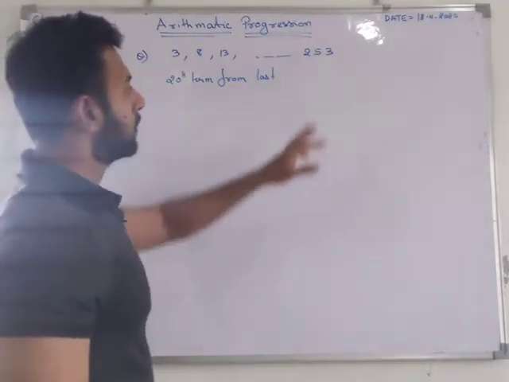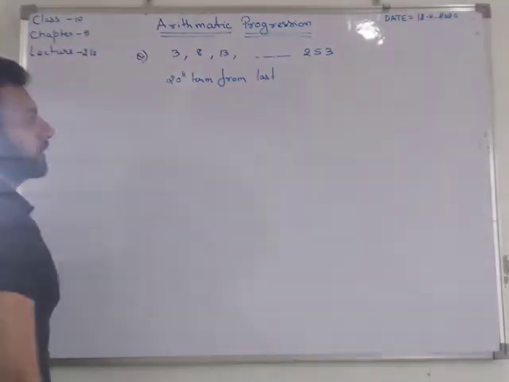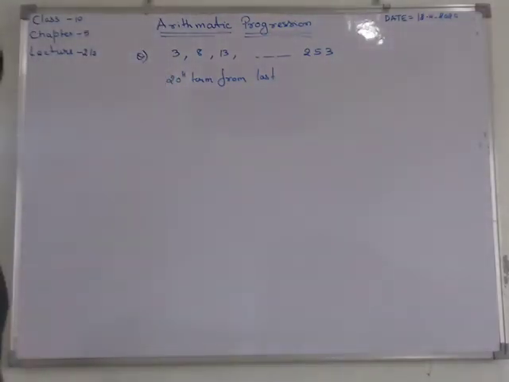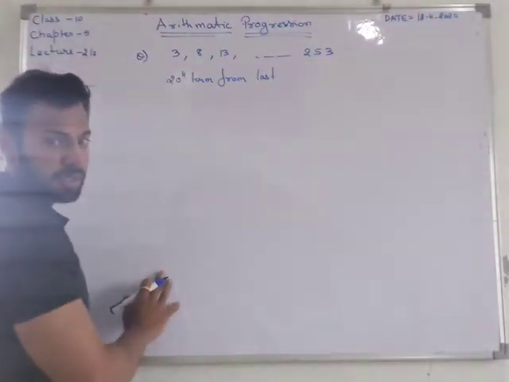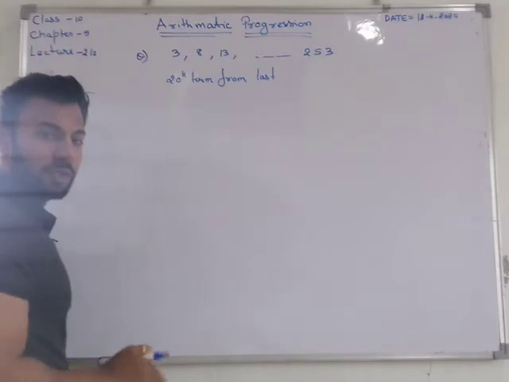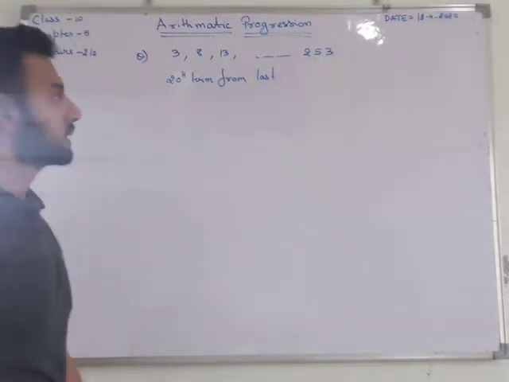Means we have to count from the last. In such a case, we can use two methods. First, we can reverse the series, or we can use the formula. I am showing how we can use the formula in this.